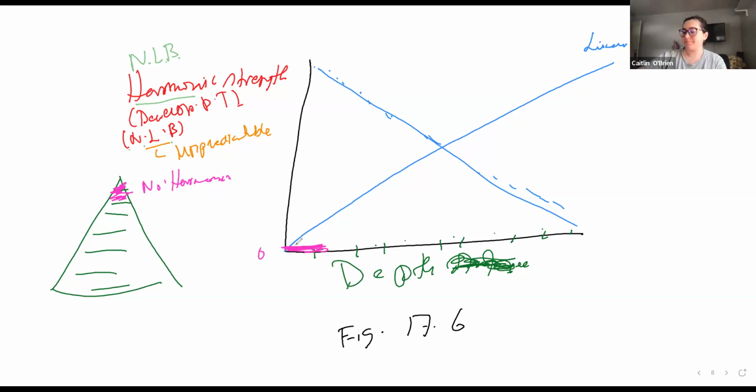Yes. Then here, let's see at this depth here.